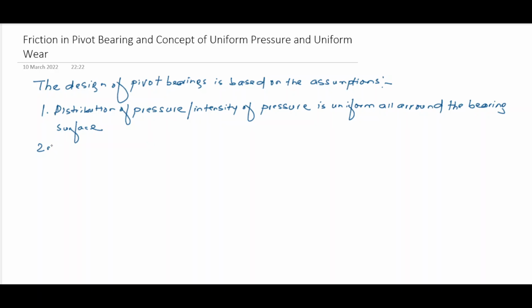And the second assumption is the wear is uniform throughout the contact, that means the bearing surfaces.